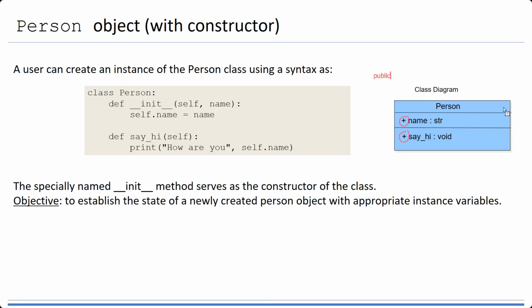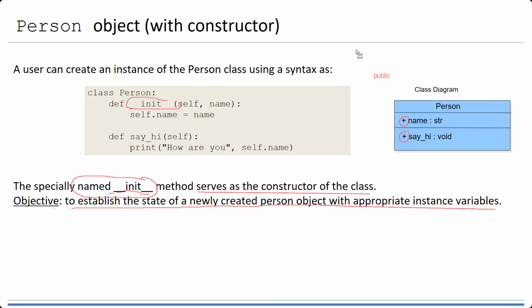The specially named __init__, which is this one, serves as the constructor of the class. So the objective is to establish the state of a newly created person object with appropriate instance variables.